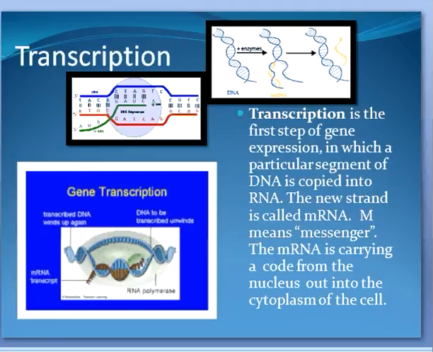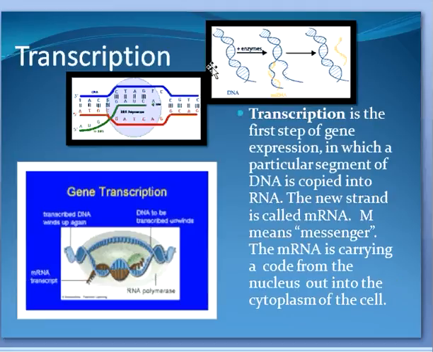So transcription is the first step of gene expression, in which a particular segment of DNA is copied onto RNA, and that new strand we call mRNA. That's messenger RNA. The messenger RNA is acting like a messenger, carrying a message, that code from the nucleus out into the cytoplasm of the cell.